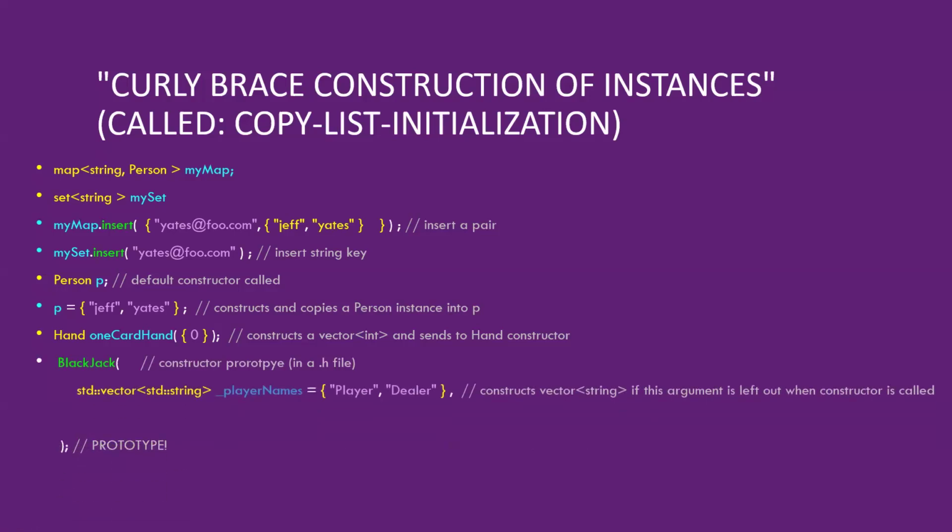Now, blackjack is a little more complicated. So the blackjack constructor, so I'm just sort of listing the prototype here. Notice that the first argument is the names of the players. And if you don't give me that first argument, then I am going to automatically construct a vector of strings. So that's what that is there. Those are the players in the game. Player and dealer in blackjack is kind of a standard situation in blackjack.